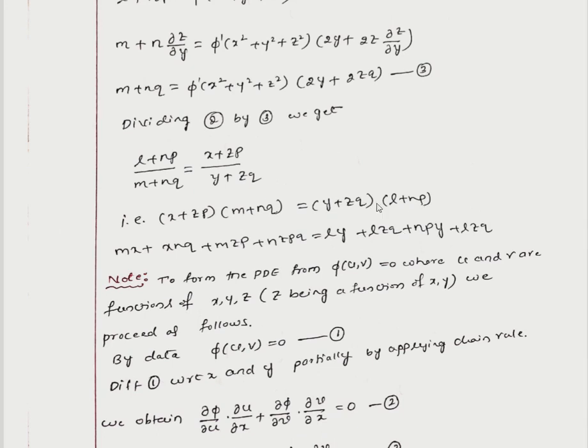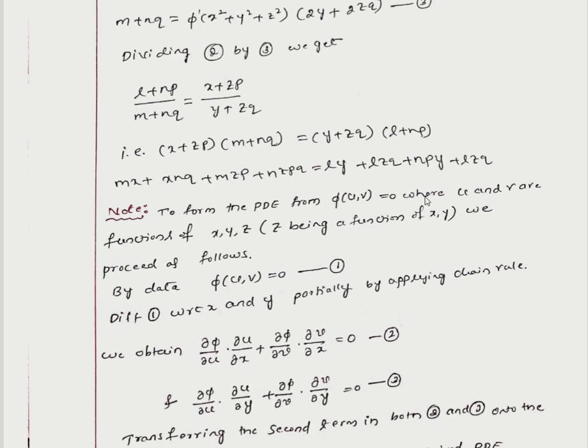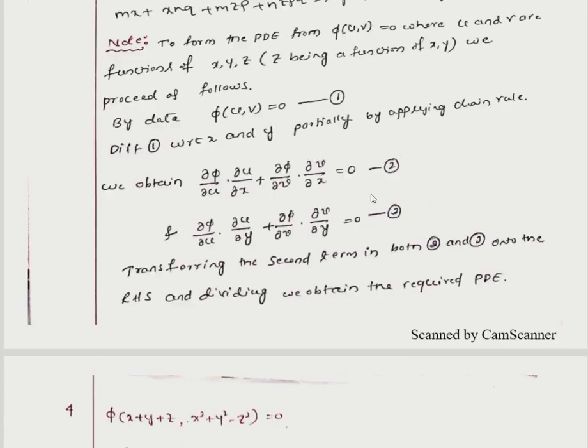Next multiply with np, therefore npy + npzq. Here I think npzq gets cancelled. Write the remaining terms.